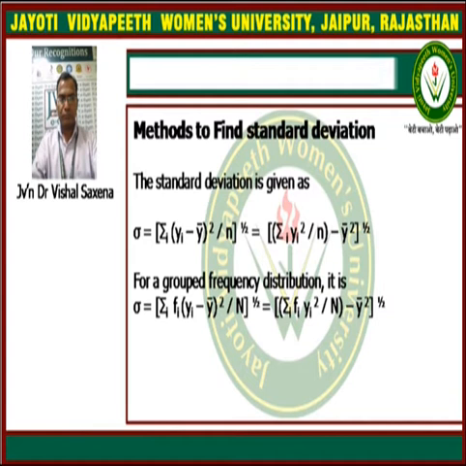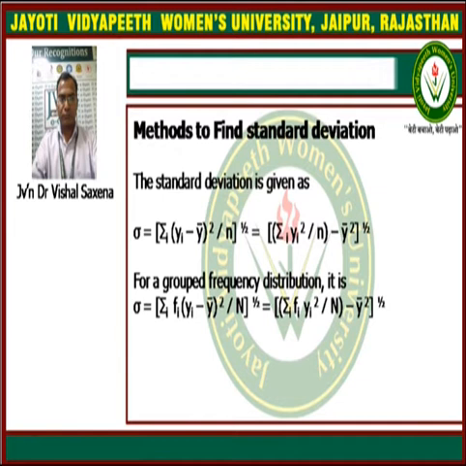And if we want to define this standard deviation, it is the under root of the variance, and variance is our today's topic. The standard deviation can be defined as the positive square root of the arithmetic mean of the deviations of the values taken from the mean, and the deviations are in square form.